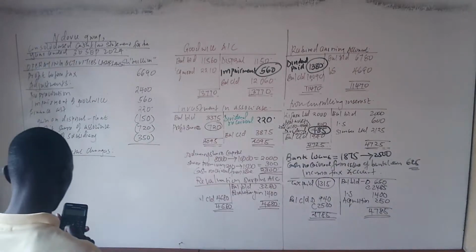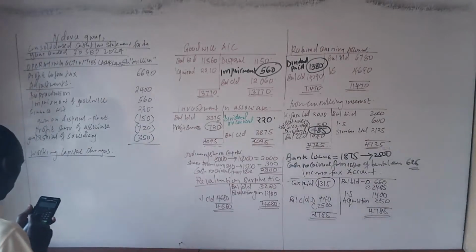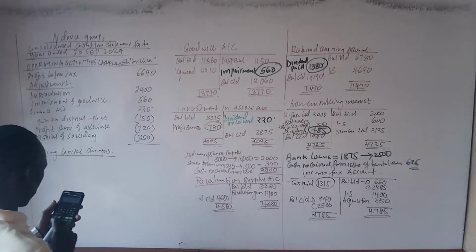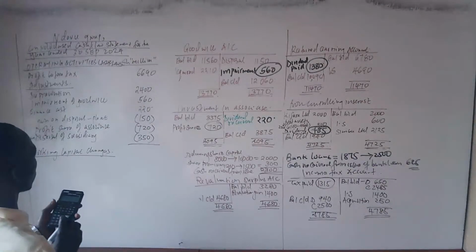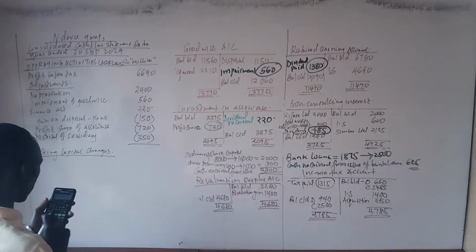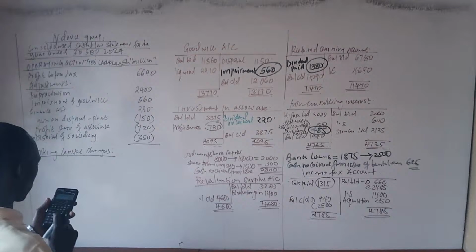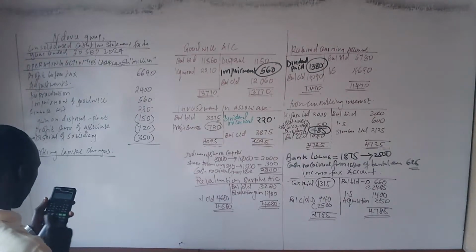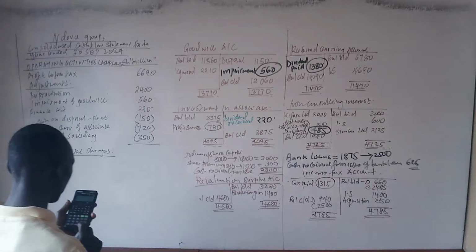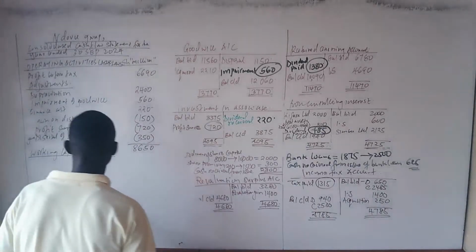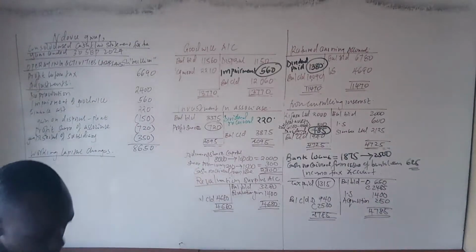We have 6690 plus 2400 plus 560 plus 220 plus minus 150 minus 720 minus 350. Okay, 650. So you are getting how much? 8650. Then from there, let us start with inventory.